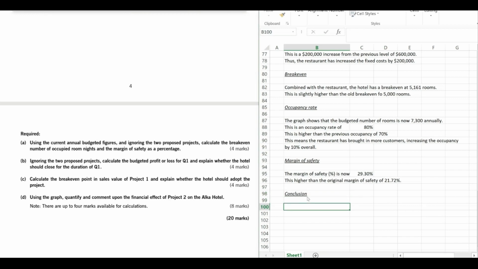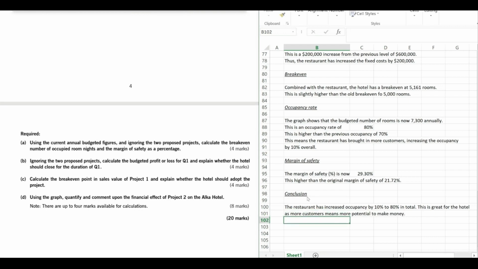Conclusion. The restaurant has increased, that's the main point, occupancy by 10% to 80% in total. This is great for the hotel, as more customers means more potential to make money.